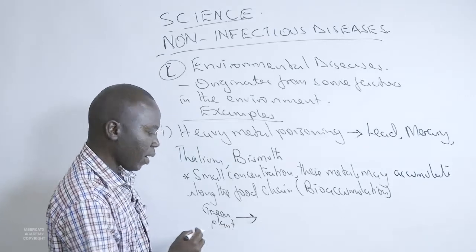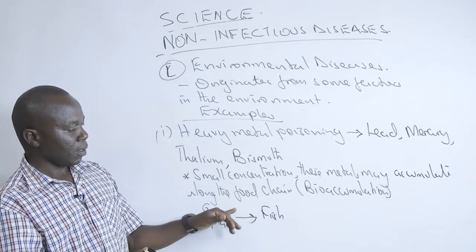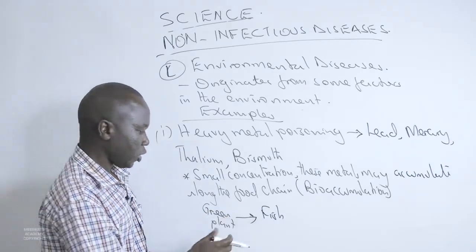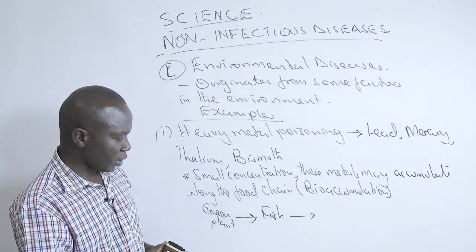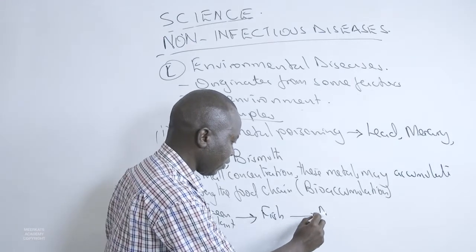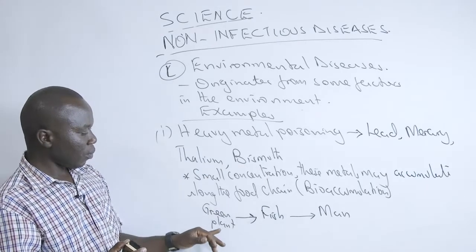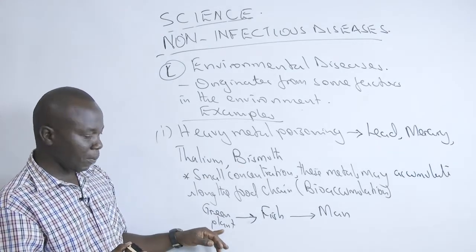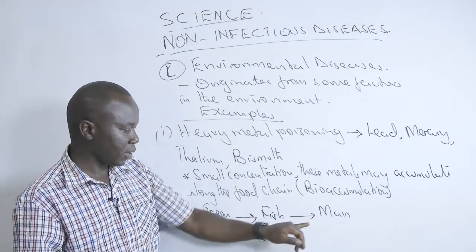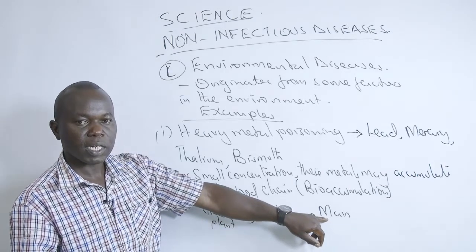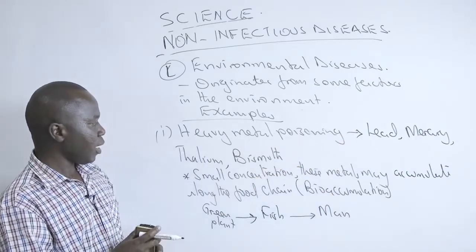And then when we have fish feeding on them, lead will be passed to fish. And then when we have any other animal feeding on this, let us say man, you realize that the effect of lead will not be felt at the producer level, but the concentration will be highest when that metal reaches man. So we call that bioaccumulation.